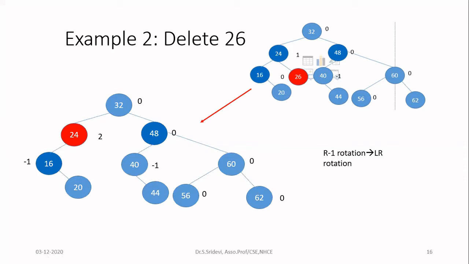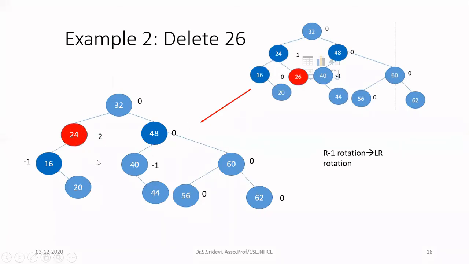First find out where you have deleted the node with respect to this 24. So look at this diagram. We deleted this 26, because of this only we are having the problem. So this 26 is in the right subtree of 24. So you have to apply R rotation only. Then find out the second number. So now how to find out that? This 24 is the imbalance node.